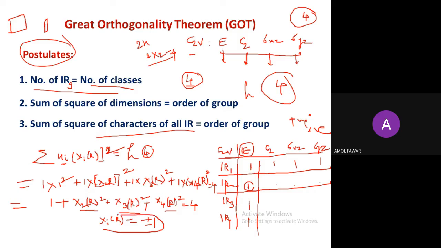Understood? Now I have written here characters for 2, 3, and 4. It can be plus 1 or minus 1. Now I do not know whether it is plus 1 or minus 1.